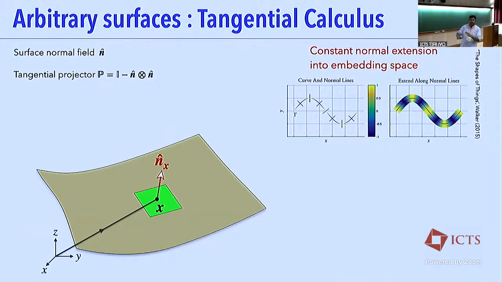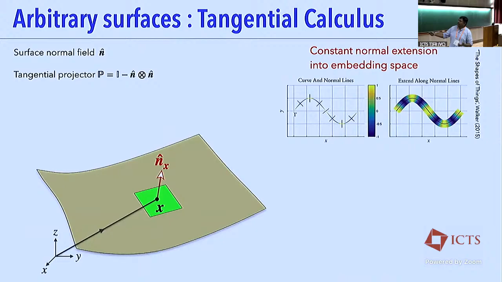So I want to do calculus of fields on arbitrary surfaces. And the way I want to do it is by thinking about this as being embedded in an external space. So if you have an external space in which you have the surface embedded, I'll assume the surface is oriented, which means there's a well-defined normal at every point. So if I have a normal, I can construct the tangential projector.